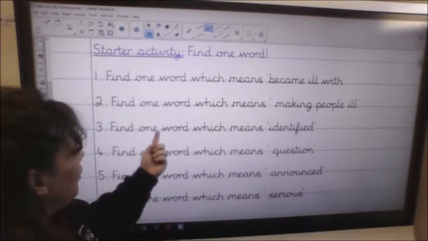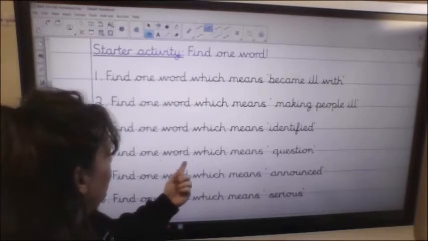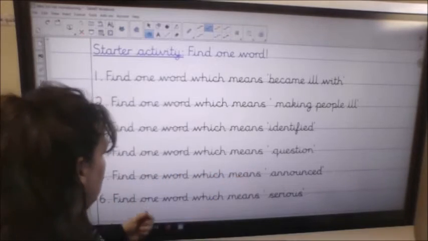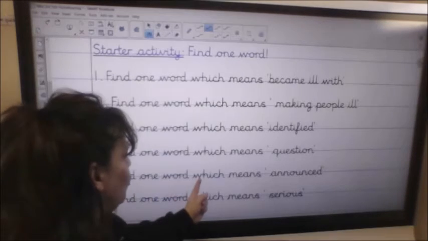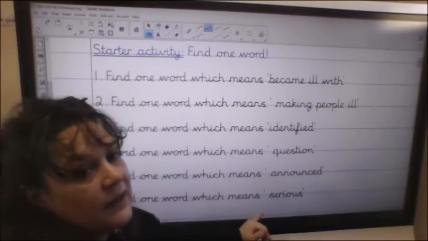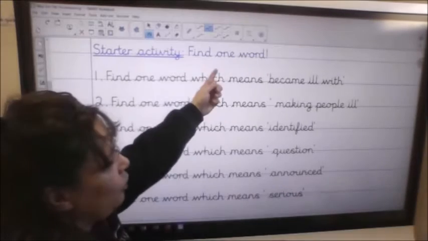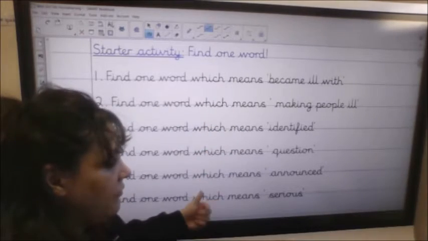Number 3, find one word which means identified. Number 4, find one word which means question. Number 5, find one word which means announced. And then finally, find one word which means serious. So became ill with, making people ill, identified, question, announced, serious.